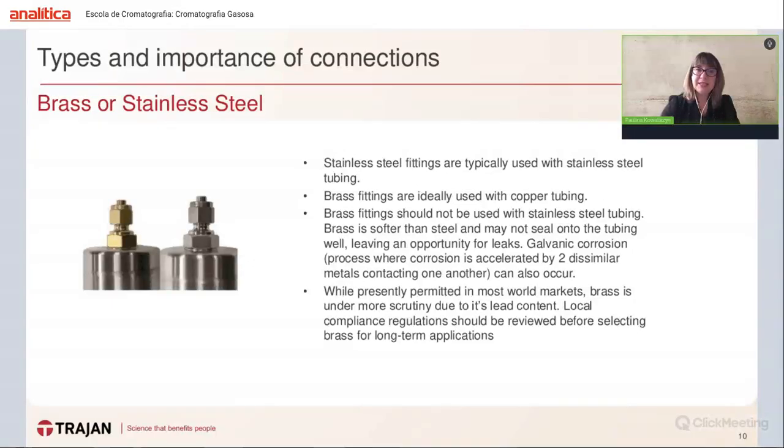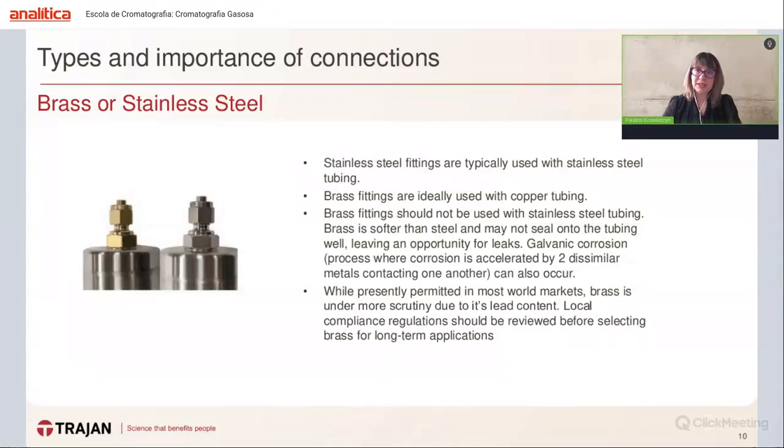But the brass fittings are ideal to be used with copper tubing, which was used in our laboratories in the past. Nowadays, the stainless steel tubing is the most common option.